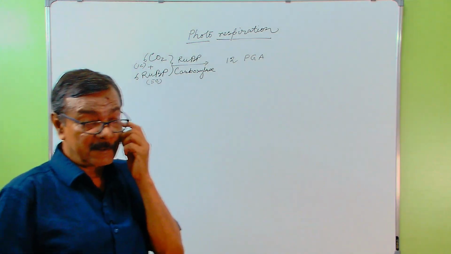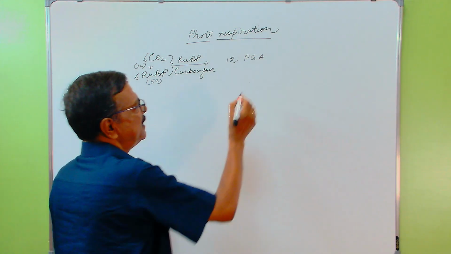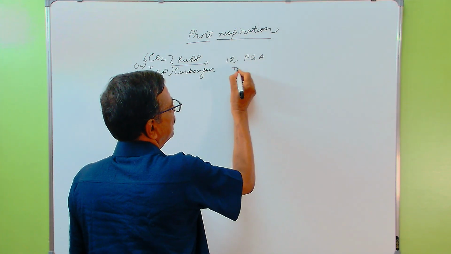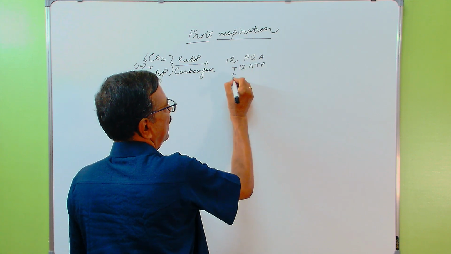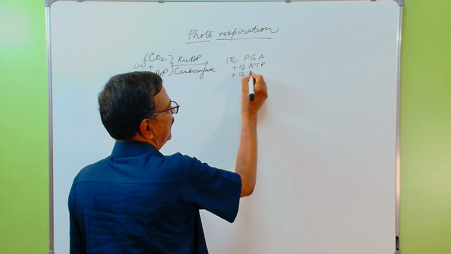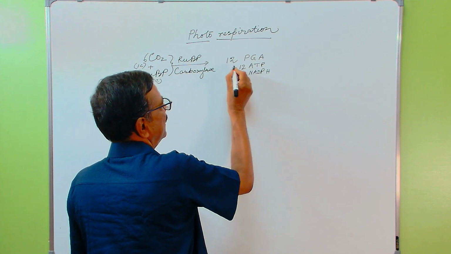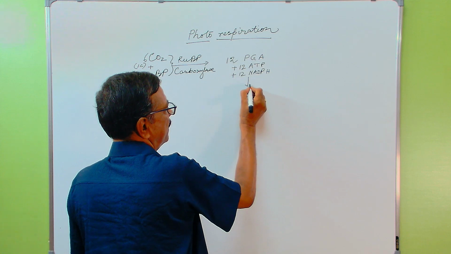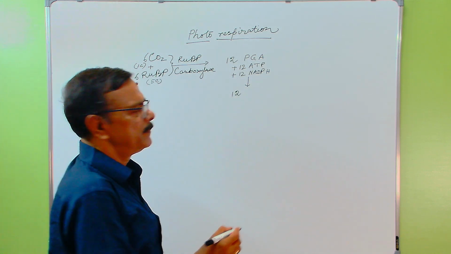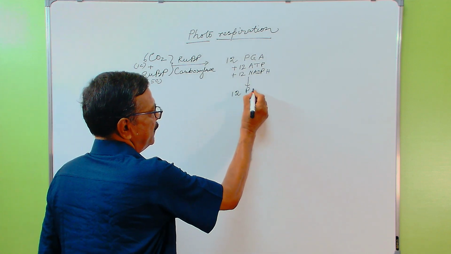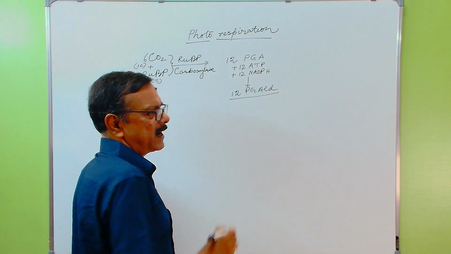We have come across this. So the 12 phosphoglyceric acid, along with 12 ATP and 12 NADPH, forms 12 molecules of PGALD, phosphoglyceraldehyde.